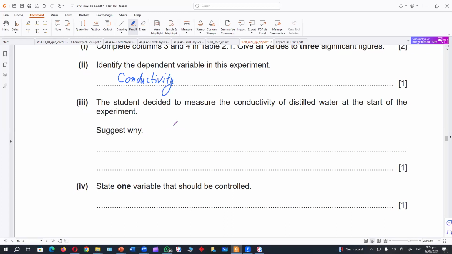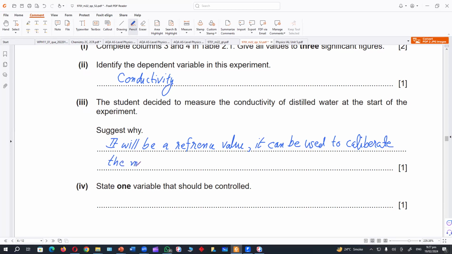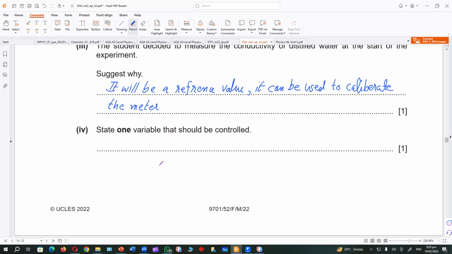So when he is measuring the conductivity of distilled water, we can use it for calibration.